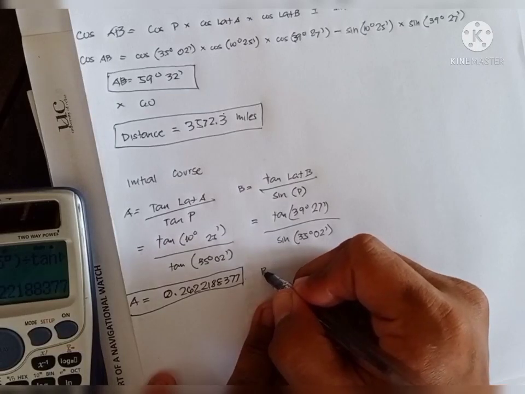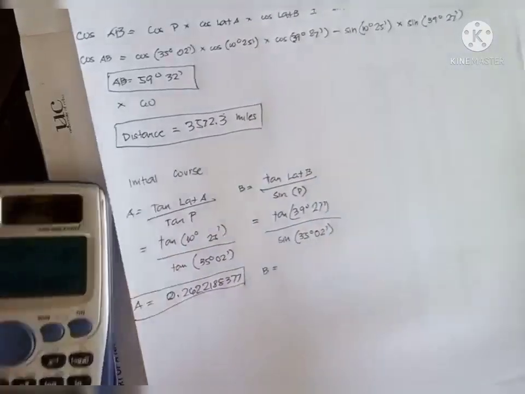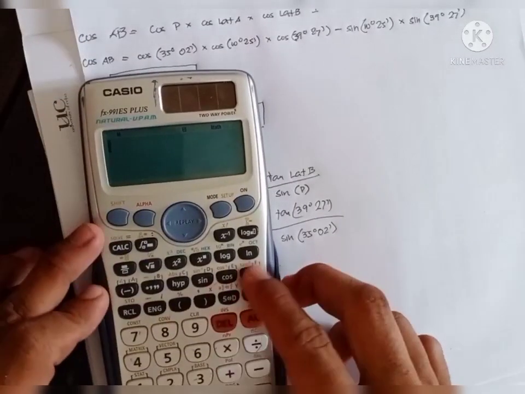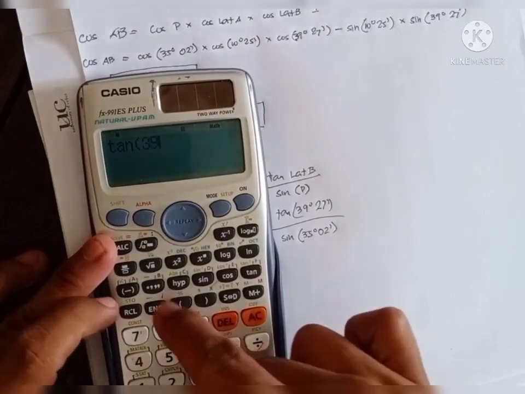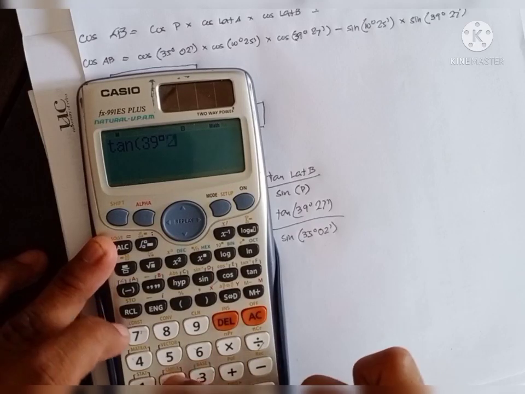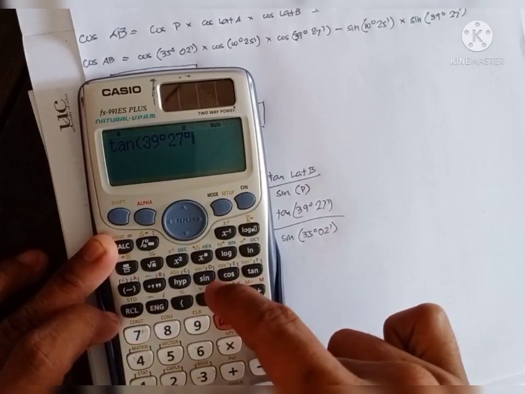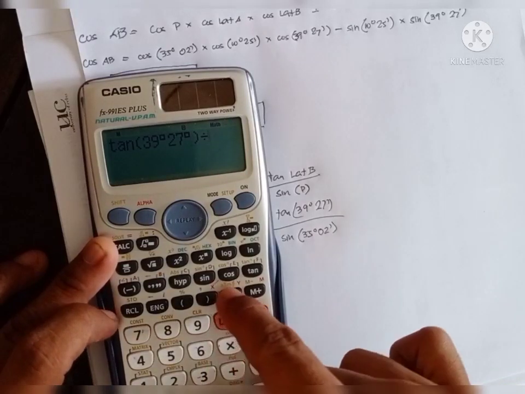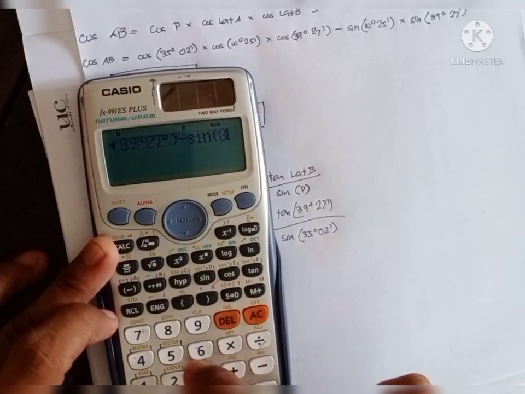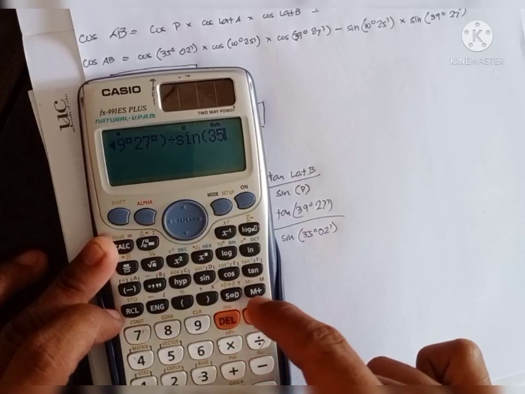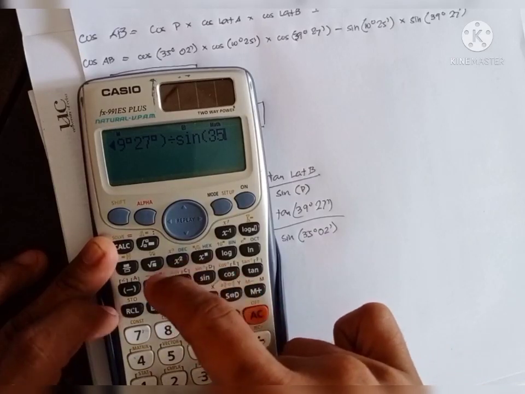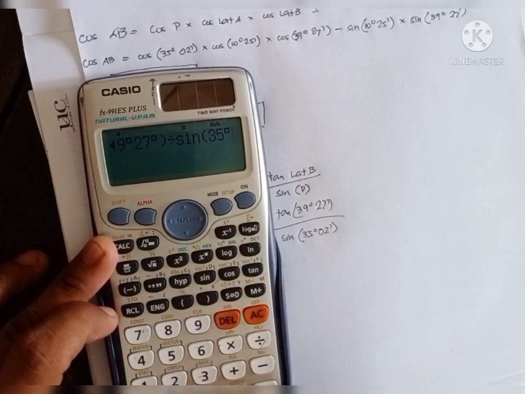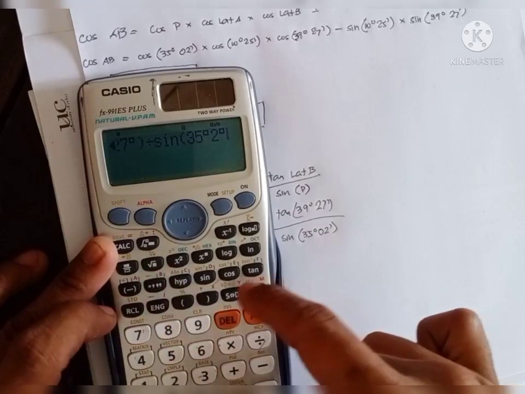So get our calculator again. Tan 39 degrees 27 minutes over sin 35 degrees 2 minutes.